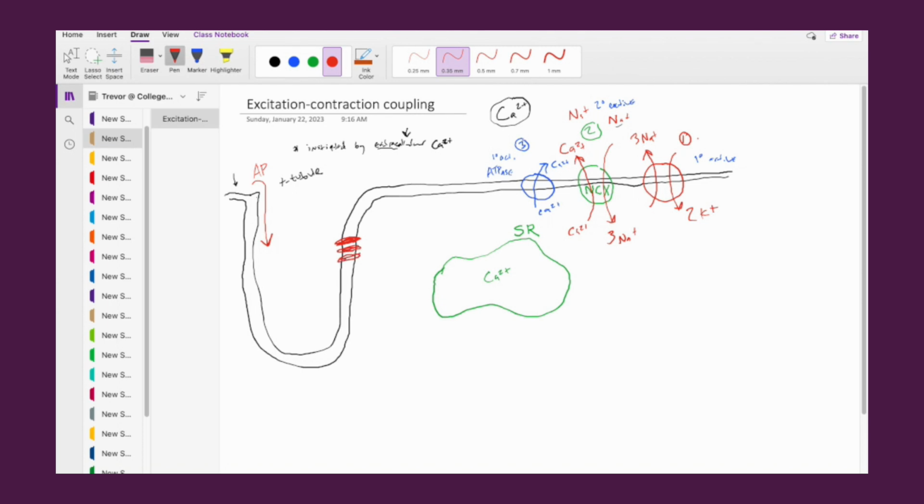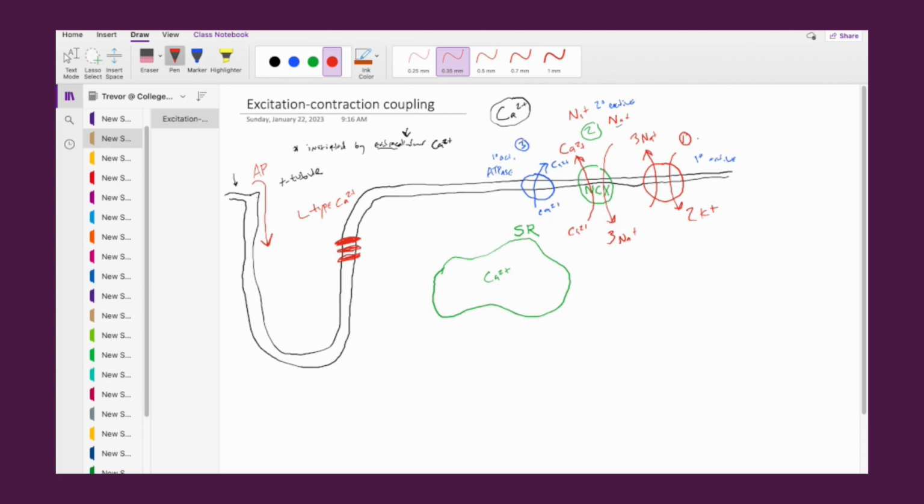And the one we're interested in is going to be those L-type calcium channels. So just go back and look at the membrane potential drawing we just did. It is the L-type calcium channel that allows for calcium to slowly enter the contractile cell for a long time, which gives us that plateau phase.